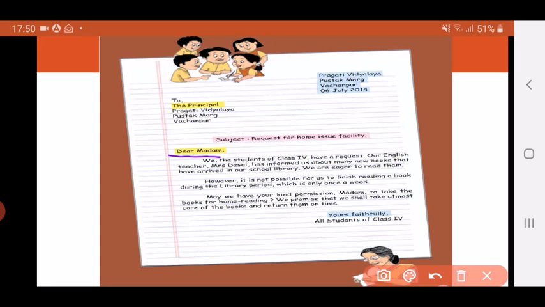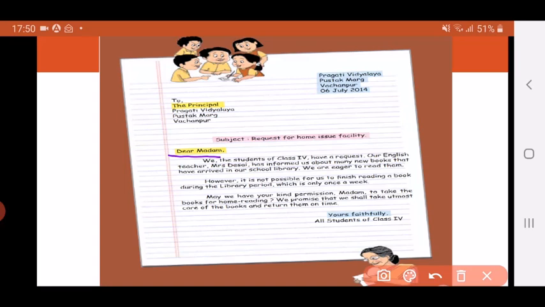However, it is not possible for us to finish reading a book during the library period, which is only once a week. May we have your kind permission, madam, to take the books for home reading? We promise that we shall take utmost care of the books and return them on time.